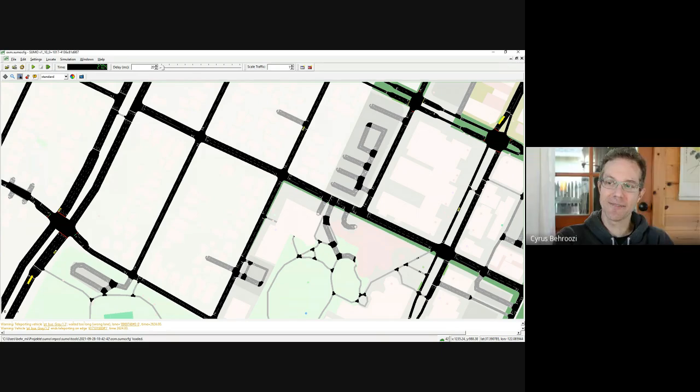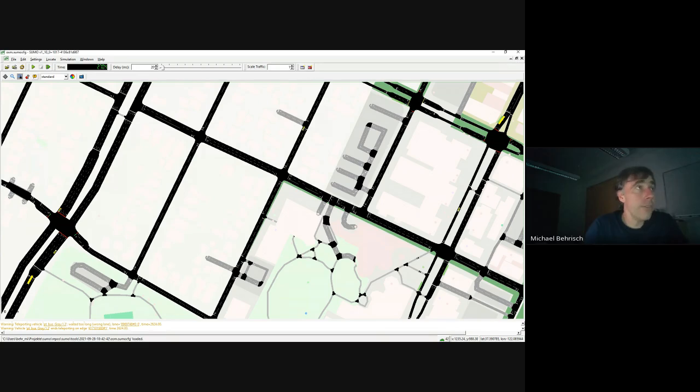Is there an effort toward making this tool accessible for more and more less technically savvy people? Yes, there is, and people do this, but most of the time they're trying to do this with SUMO, so we're really hiding SUMO as a backend.